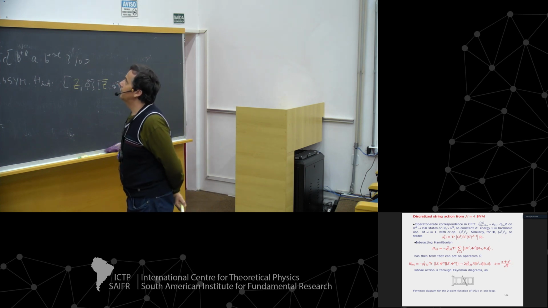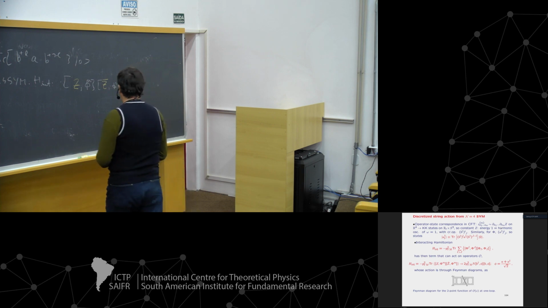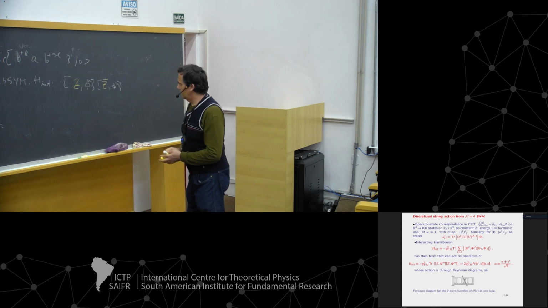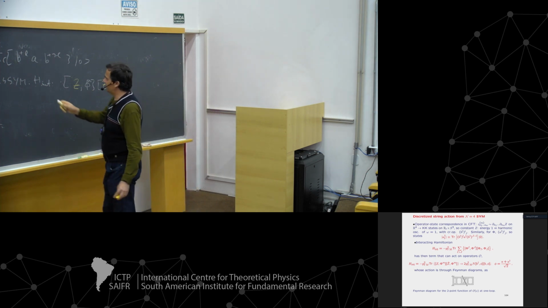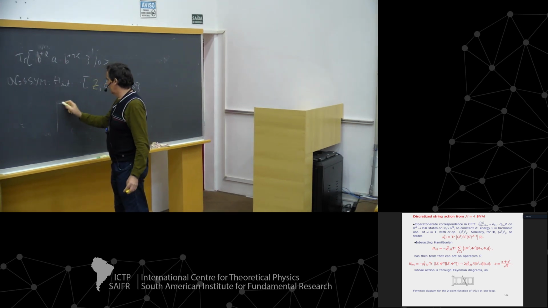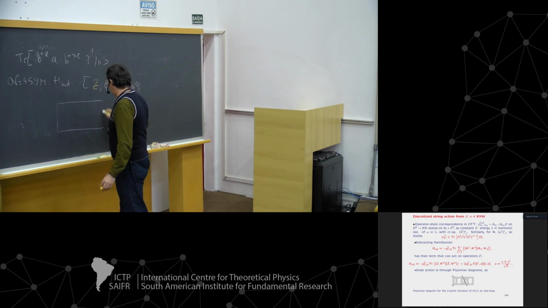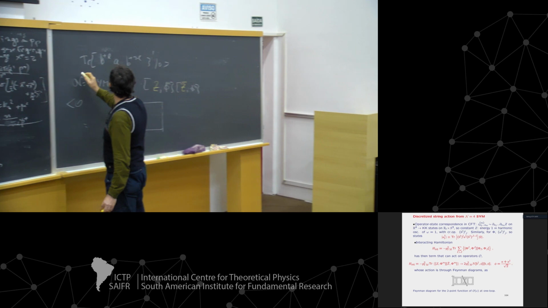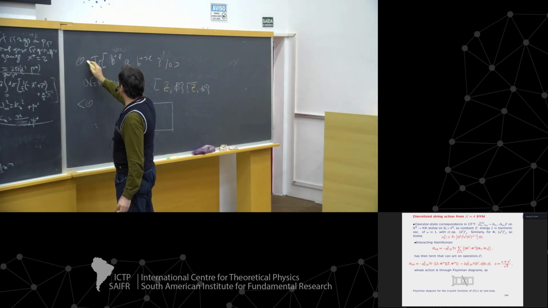All right. And what does this correspond to? Well, if I write Feynman diagrams for the field theory, in particular for the 2-point function of the operator O, so O of x, O at 0.